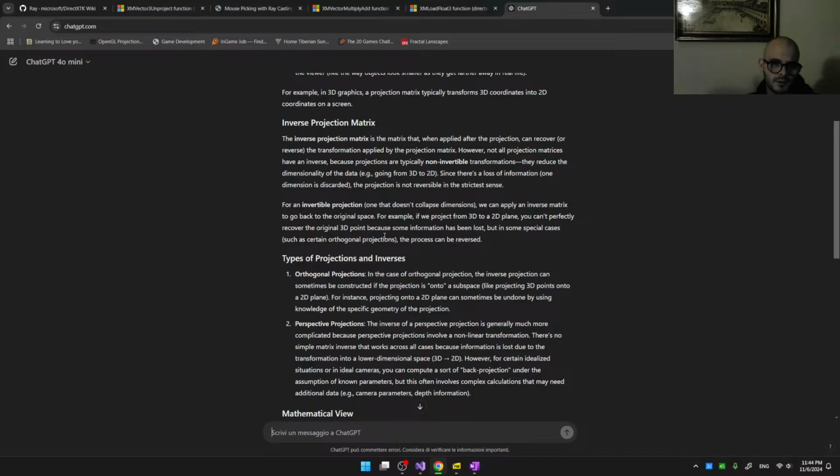For an invertible projection, one that doesn't collapse dimensions, we can apply an inverse matrix to go back to the original space. If we project from 3D to a 2D plane, you can't perfectly recover the original 3D point because some information has been lost. But in some special cases, the process can be reversed.